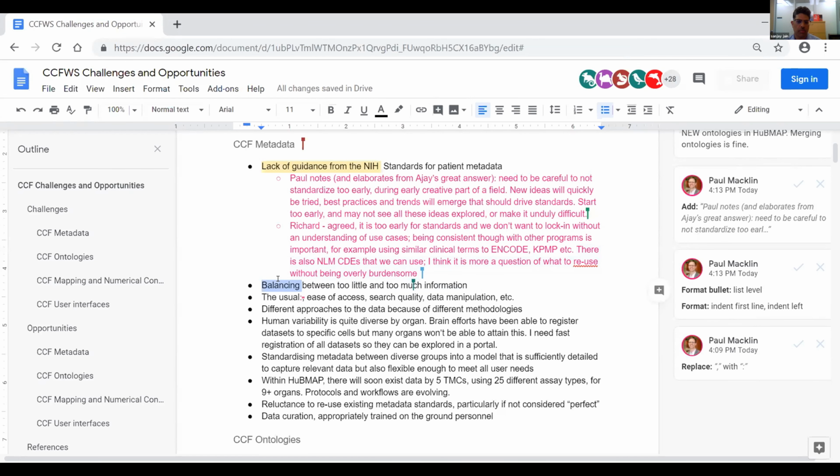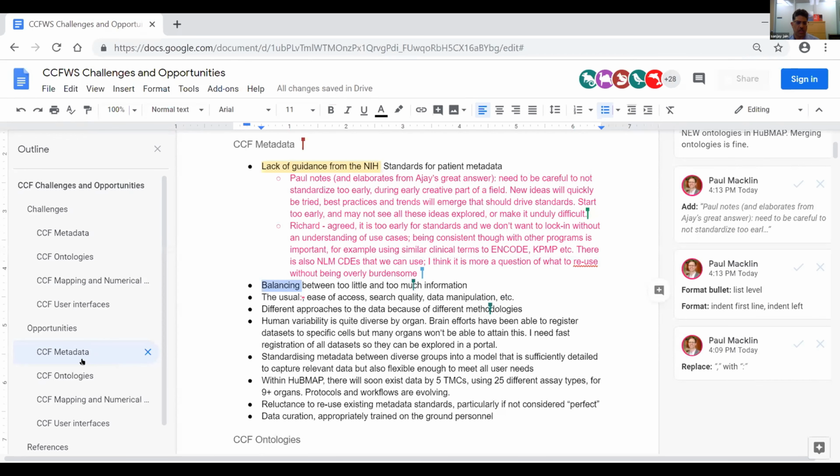Also, be very careful that we don't try to get everything under the sun from the EHR or manual records. That comment is posted, I don't know who posted it, but I think this is critical, and it will depend on each organ-specific question.